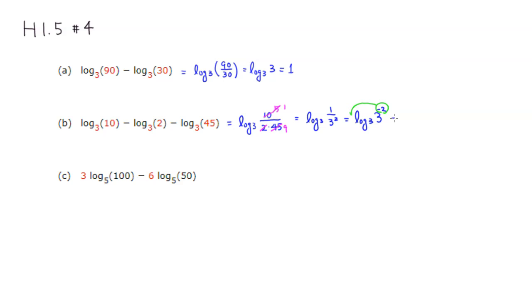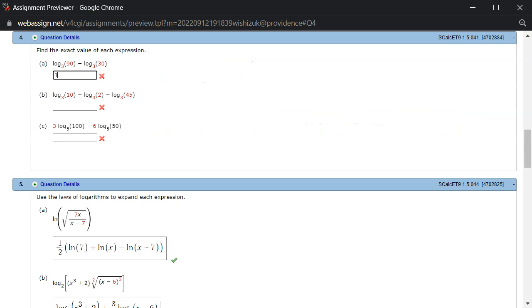So you're going to get negative 2 times log to the base 3 of 3. But again, log to the base 3 of 3 is 1. So negative 2 times 1 is going to be negative 2. Right, so type that in. So the answer is negative 2.